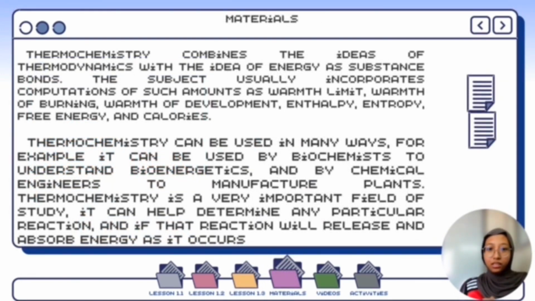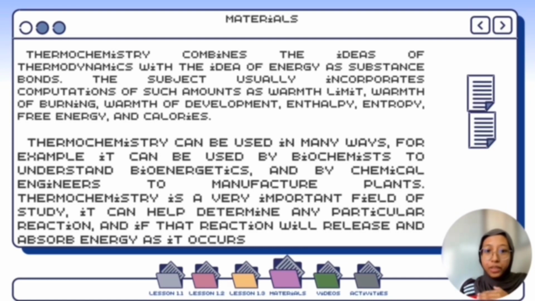In addition, thermochemistry combines the ideas of thermodynamics with the idea of energy as substance bonds. The subject usually incorporates computations of such amounts as heat of reaction, heat of combustion, heat of formation, enthalpy, entropy, free energy, and calories. Thermochemistry can be used in many ways.